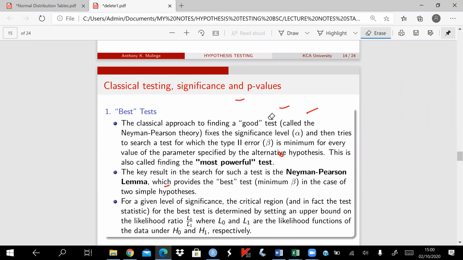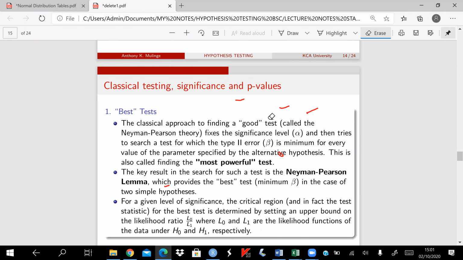Then you plug them into the likelihood, and you see the value of beta that you obtain. From there, you can calculate the power of that test. Through that process, you are likely to get a value of the alternative hypothesis that gives you the highest power of the test. And that is what we call the most powerful test.